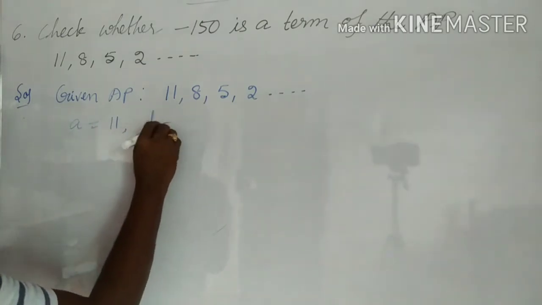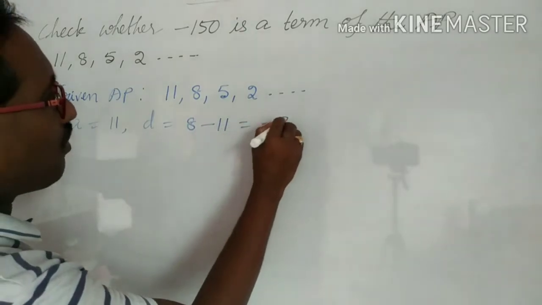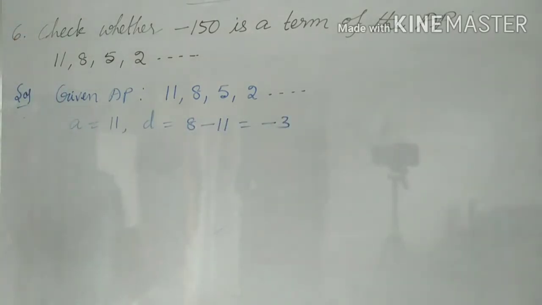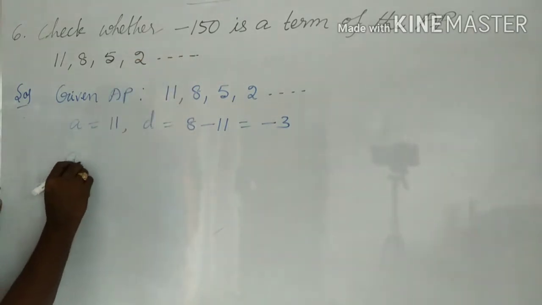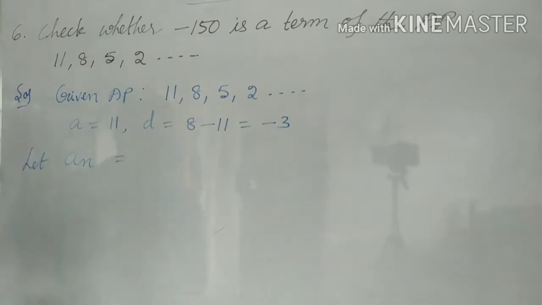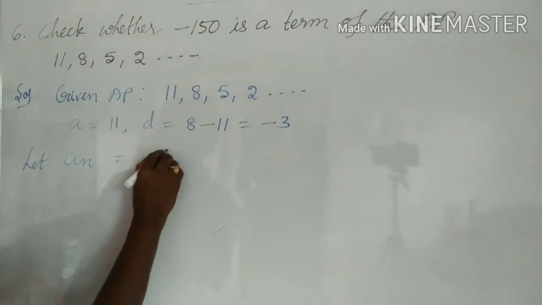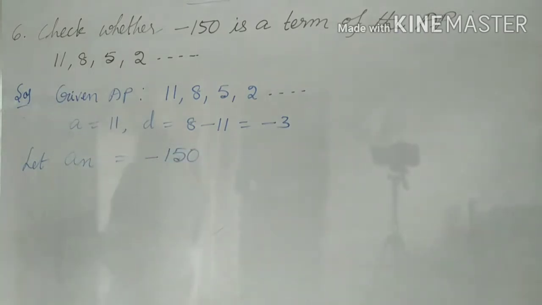D is the common difference, 8 minus 11, which is minus 3. Let an is equal to minus 150.